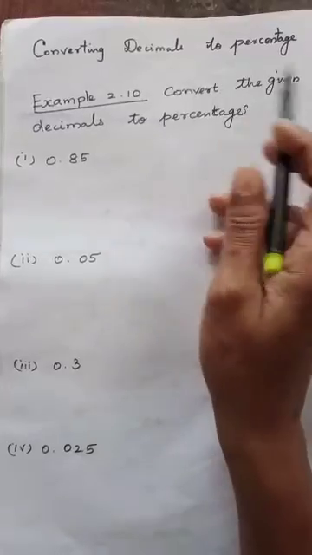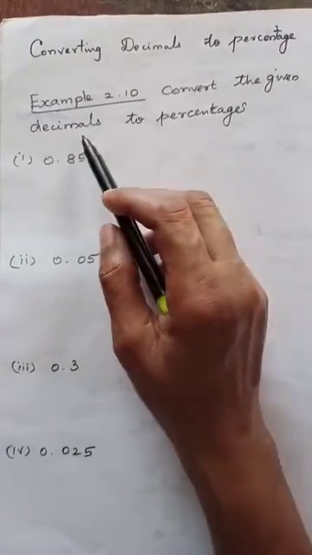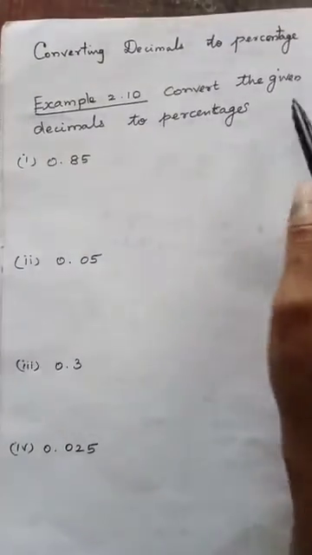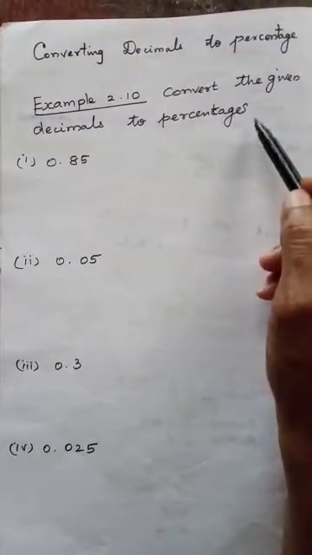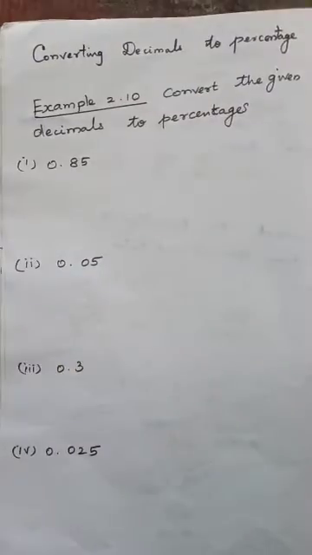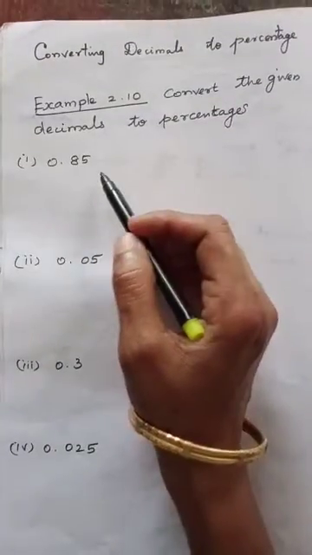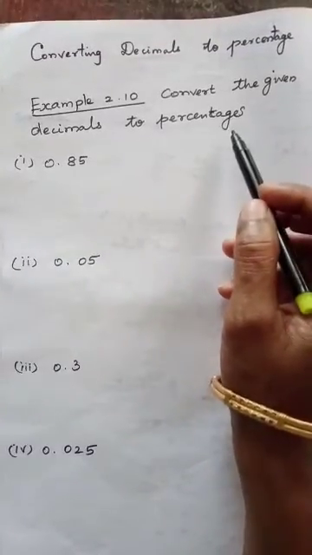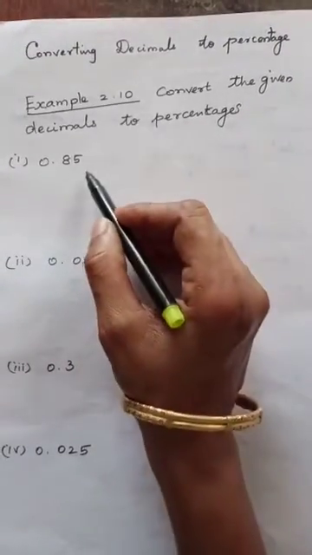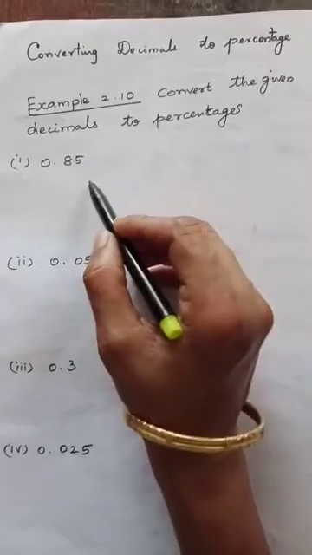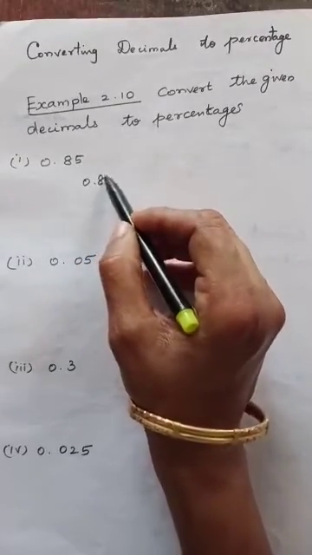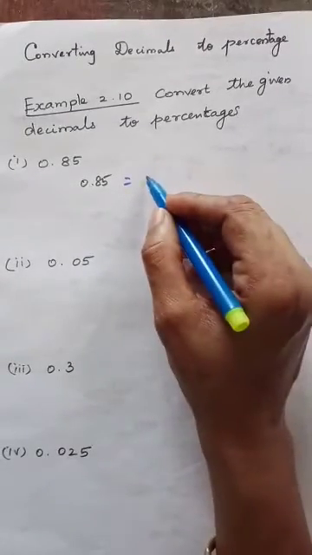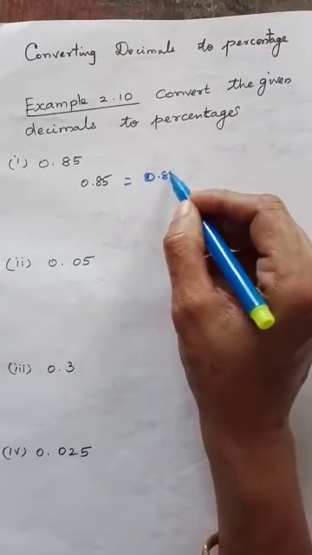Converting decimals to percentage. We shall see one example. Example 2.10. Convert the given decimal to percentage. Here they have given the question as 0.85 in decimal, isn't it? You have to change this to percentage. So first you have to change this to fraction. 0.85 we can write as 0.85 by 1.